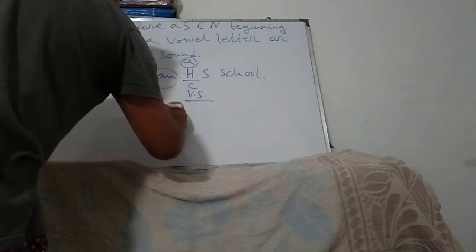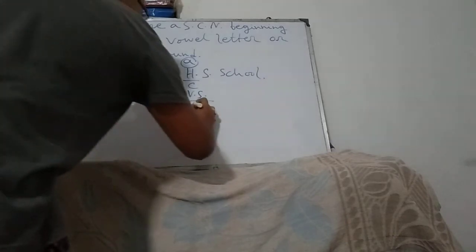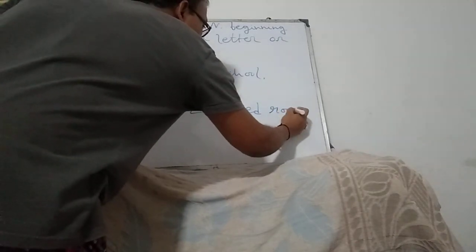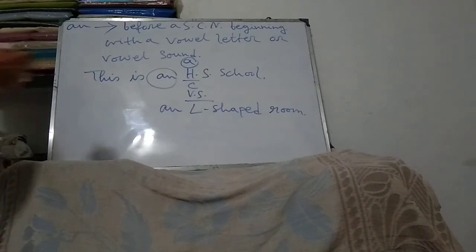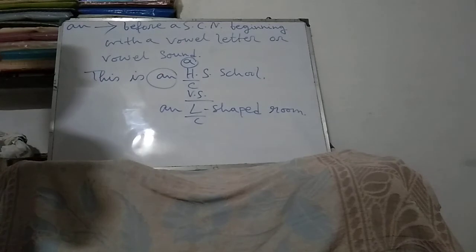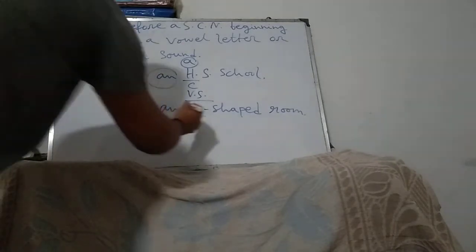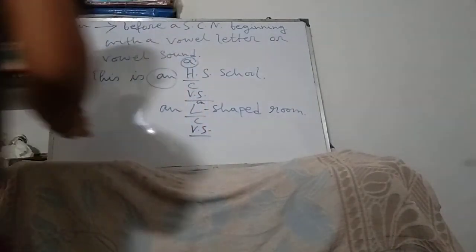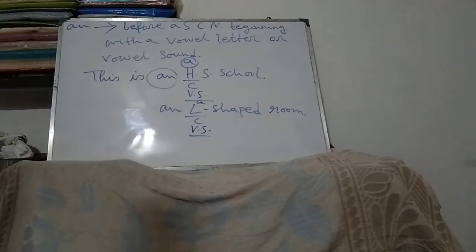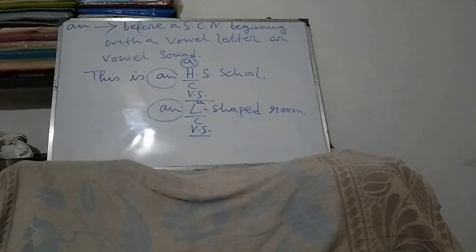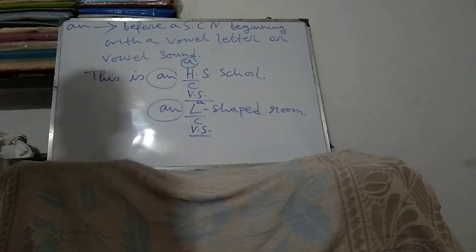Similarly, an L-shaped room. Here also L, though it is a consonant letter, when I pronounce this letter, a vowel sound comes at the beginning of the letter L. That's why, as a vowel sound is coming when pronouncing this letter, an is used before this word in place of a.